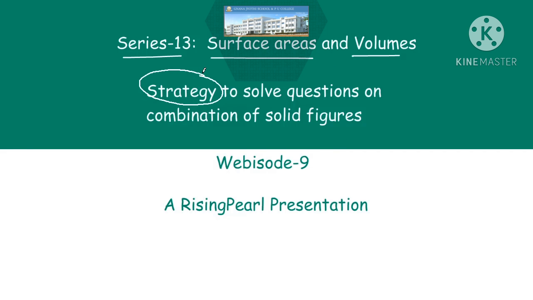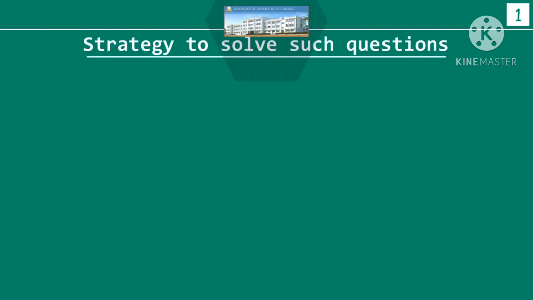The strategy that we need to follow to solve questions on combination of solid figures. In the last few episodes, we have been doing a recap for surface areas and volumes of cuboids, cubes, spheres, cones, cylinders, etc. Now we are going to talk about combination of solid figures. This episode will focus on strategy in solving combination of solids.